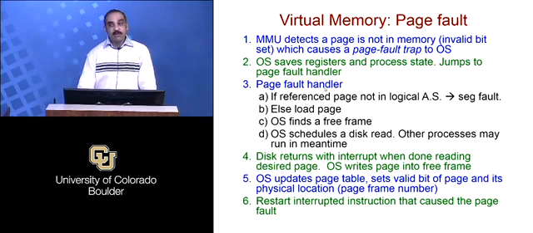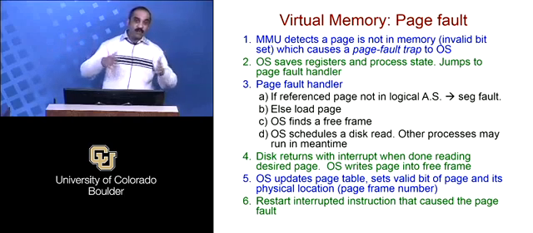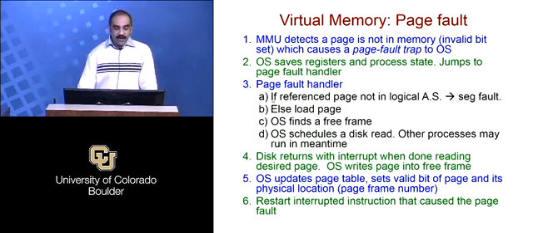Now, in order to implement virtual memory, what you need as part of your operating system is what is called a page fault handler, whose job is, whenever a page fault occurs, to load the page which has been referenced into memory. The page fault handler checks if the referenced page is not in the logical address space, then it's a segmentation fault. So this is basically if the address is outside your logical address space.